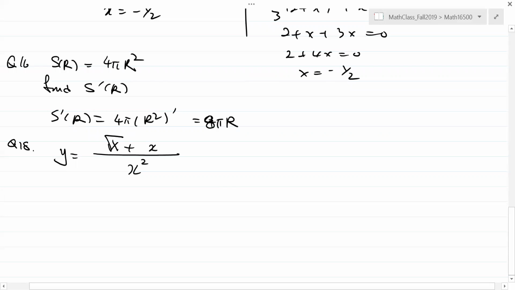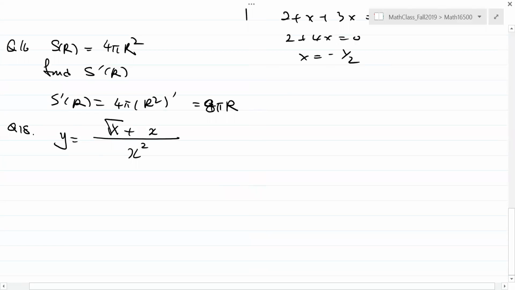I think my mistake is I skipped some steps, because when I wrote down r squared prime, I didn't even write down the result for r squared prime. I immediately jumped to the answer. If I write down 2r, then I can get 8. So sometimes skipping steps will cause problems. You think it's trivial, then you end up with wrong answers.